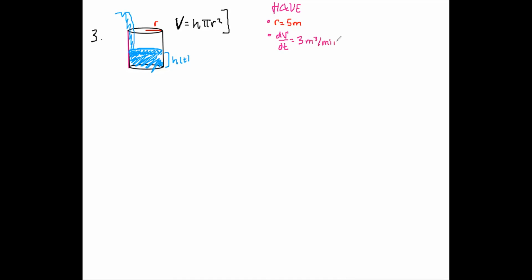One way to think about it is we have meters cubed per minute, and that's a classic change in volume over time. Not a 2D surface, but three-dimensional. Exactly. So what is it that we want from this problem? We want dh/dt.